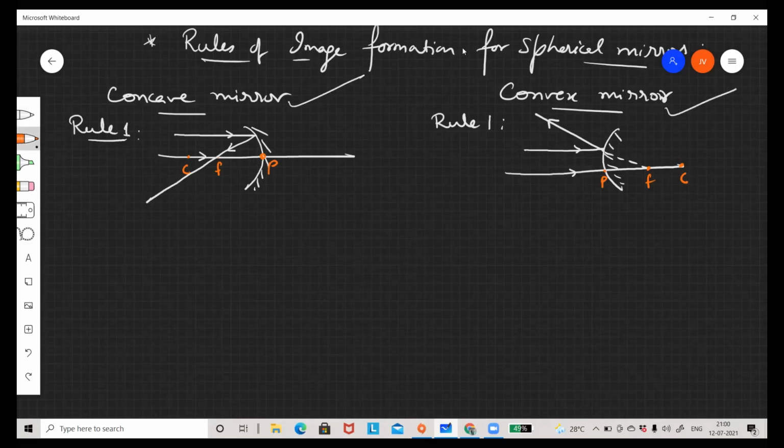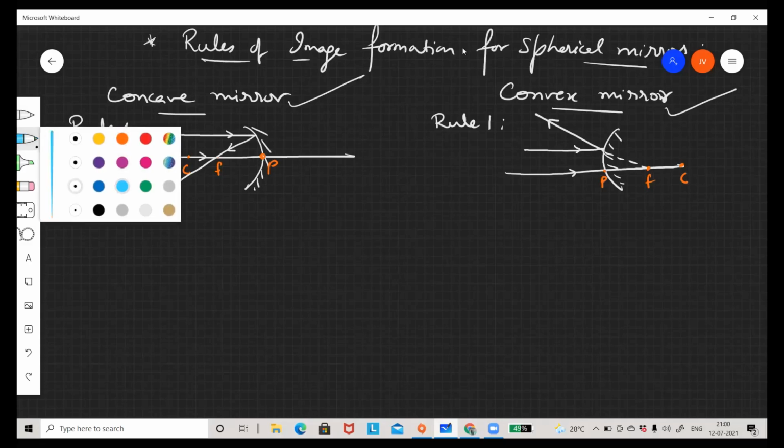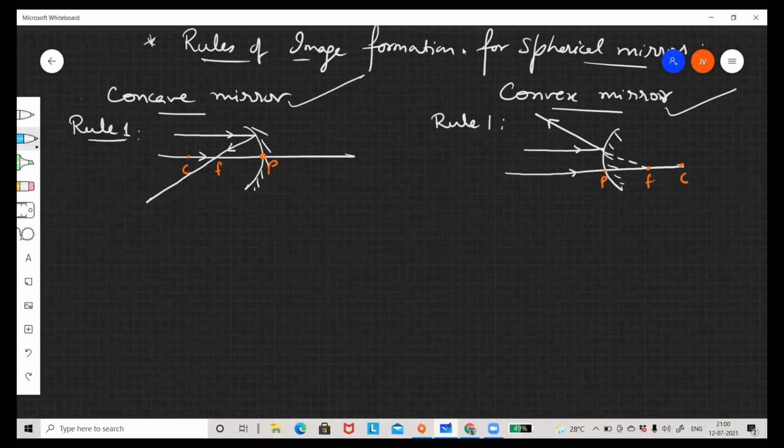Something else to know from this diagram. Sometimes they ask us to label the angle of incidence and the angle of reflection. For that, this was the incident ray and this is the reflected ray. At the point of incidence, we have to draw a normal.